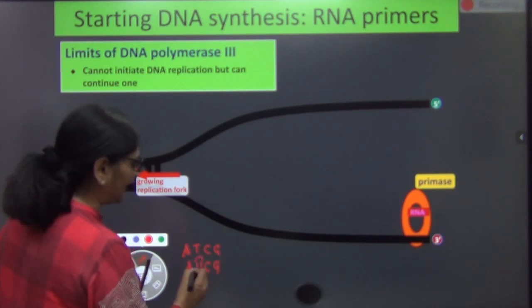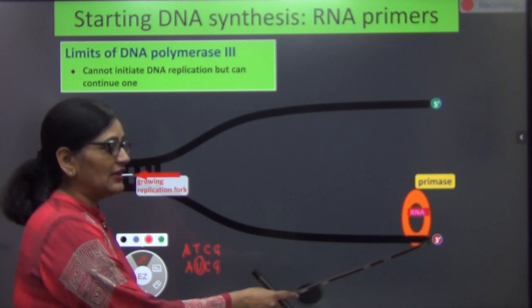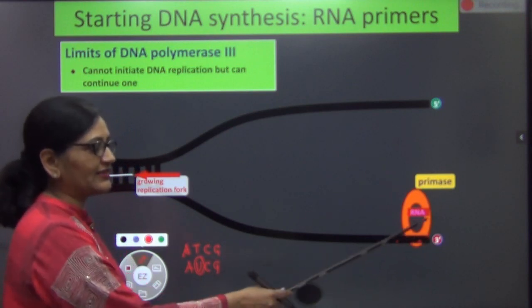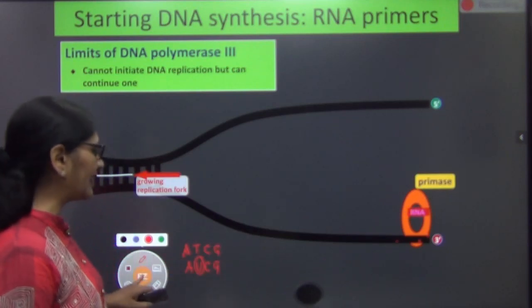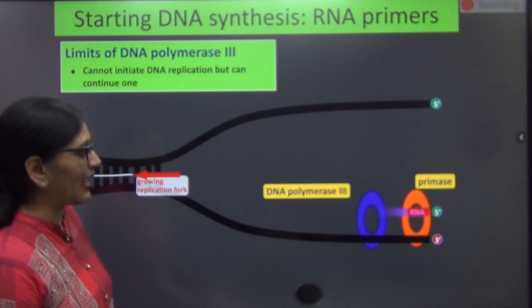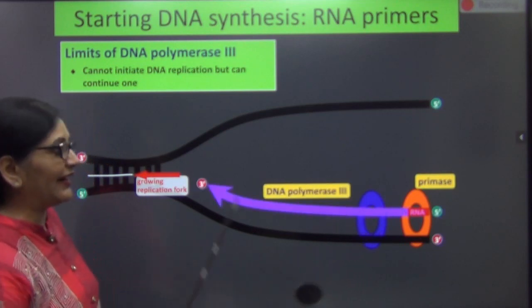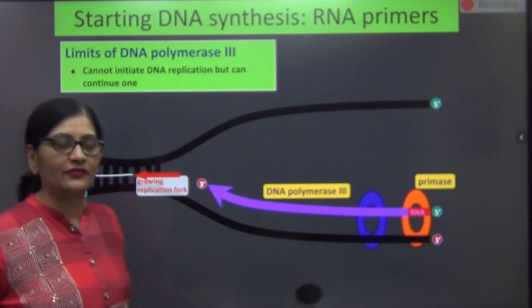You know that in RNA we have uracil in place of thymine. So first this is my parent DNA. We had the primase enzyme which synthesized RNA. The moment the RNA was synthesized, the enzyme DNA polymerase will attach, and it will ensure continuity of this RNA into the complementary DNA.